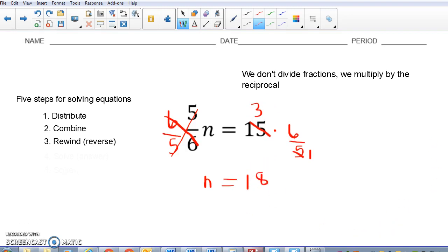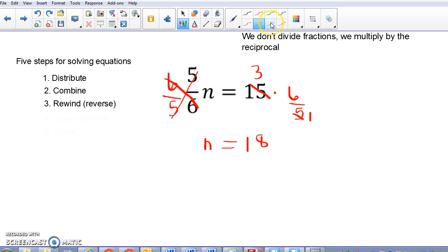Alright. Make sure I'm right. I plug 18 back into the problem. 5/6 times 18 equals 15. Right here I can cross cancel, divide by 6. This will be 3.